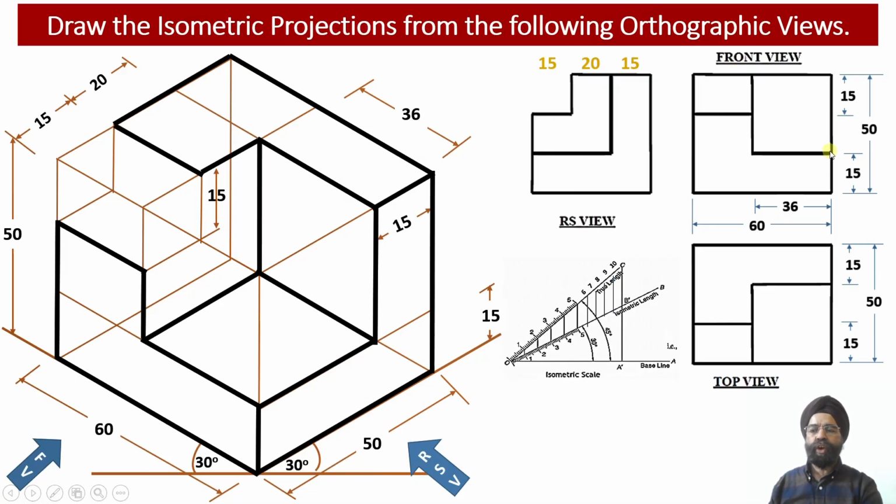It is the length of this particular rear wall, and the height happens to be 35 millimeter. And now we have to join this step. In order to show the step, we have joined this portion.